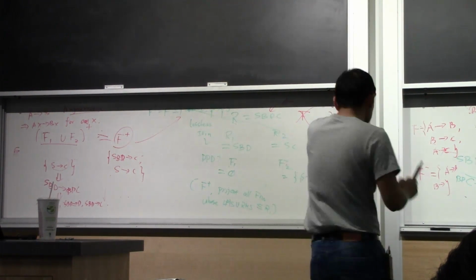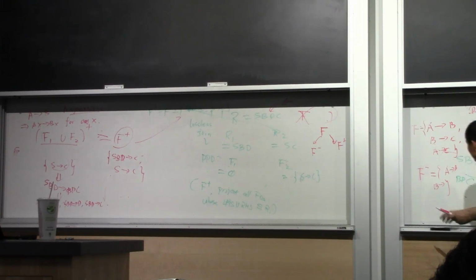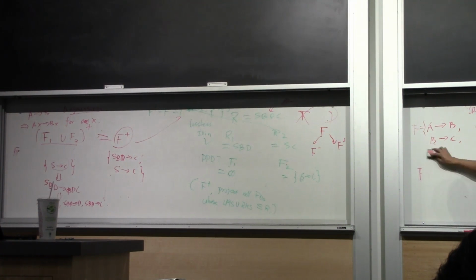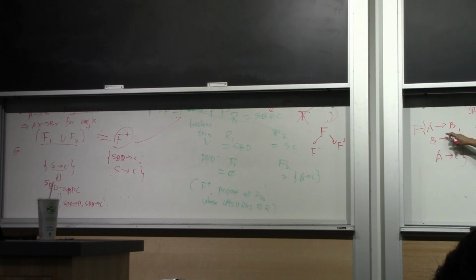But the minimal set of functional dependencies is actually trickier than simply this. In that case it's easy, just A determines B and B determines C. What about, I'm going to change this. What's F minus in this case? Can people tell me?